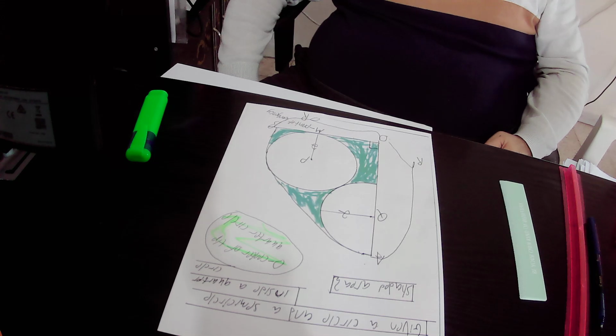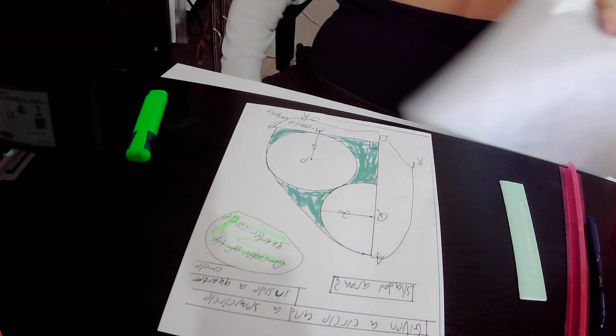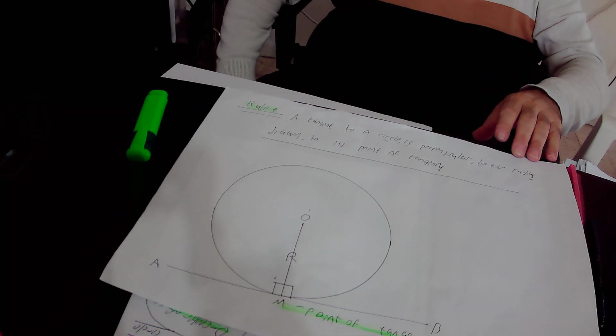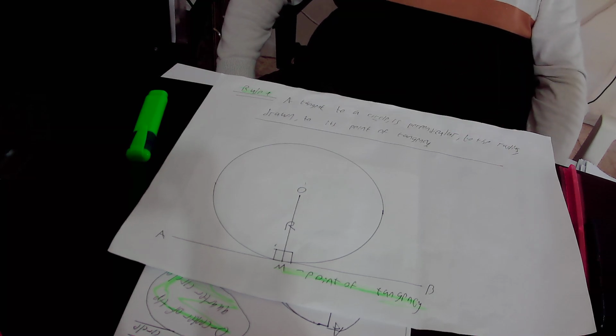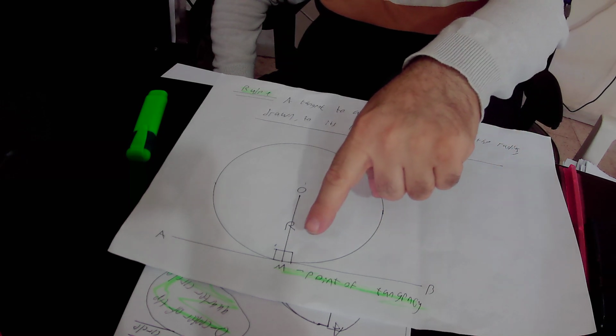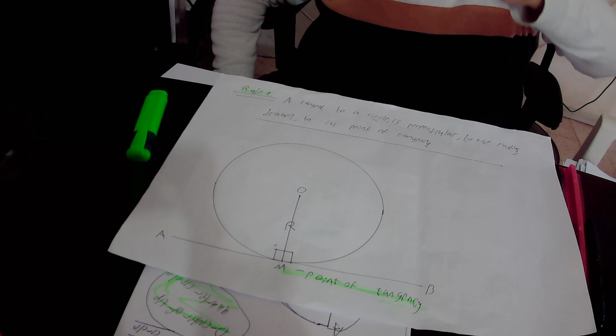Okay? And we also have rule number 1 that states that a tangent to a circle is perpendicular to the radius drawn to its point of tangency. Here we have tangent AB that is tangent to this circle at point M. Point M is the point of tangency of tangent AB with this circle.